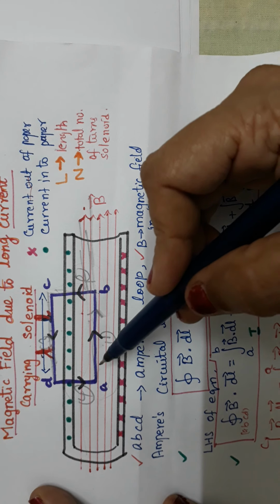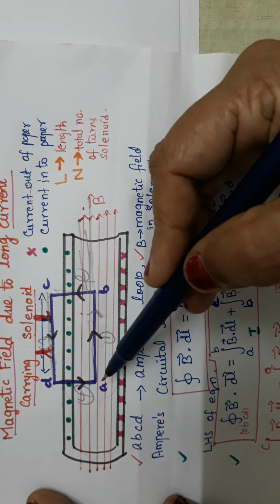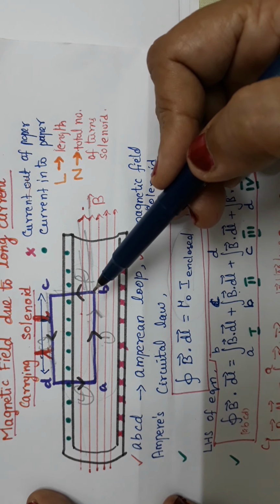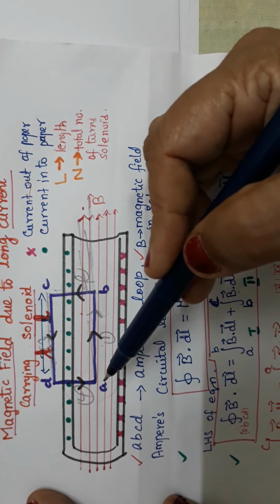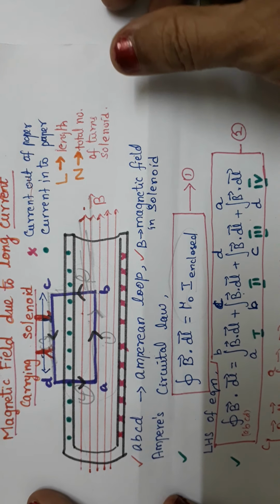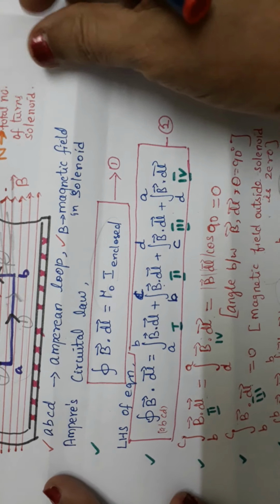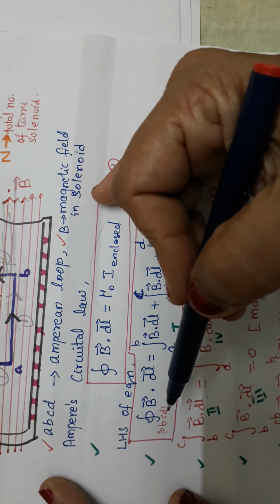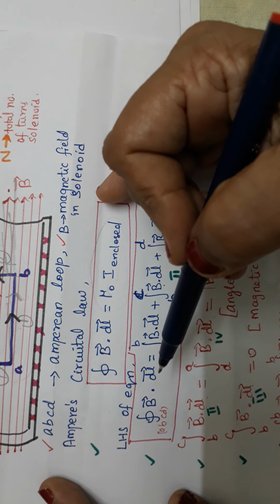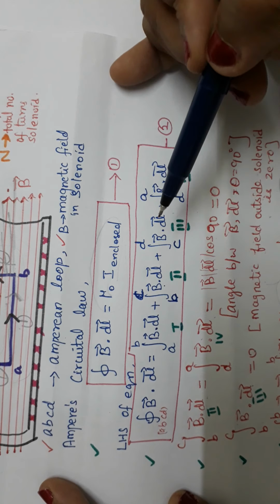Now if you see in the closed loop, there are 4 lines, right? AB is the first line, BC second line, CD is the third line, and DA is the fourth line. So in the left hand side of the Ampere circuital equation, ABCD closed loop of B vector dot dl vector, there are 4 line integrals.